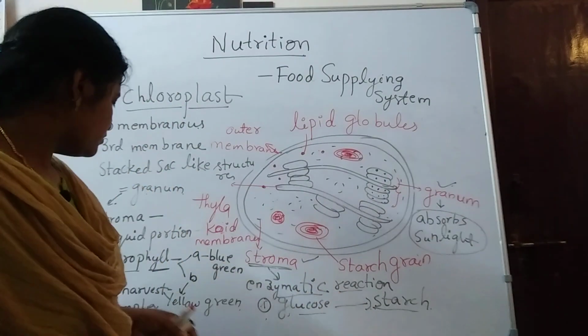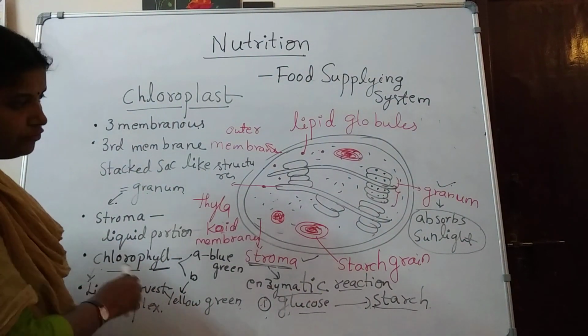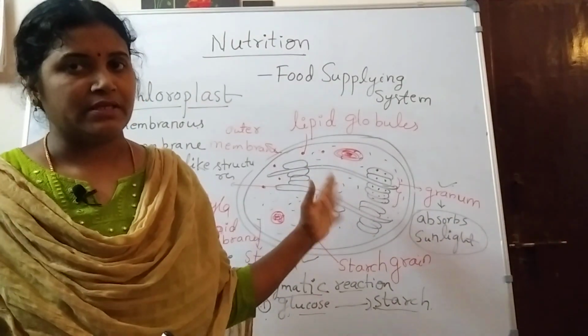Now after the stroma, we are going to see the pigments. What pigments are present in the chloroplast?